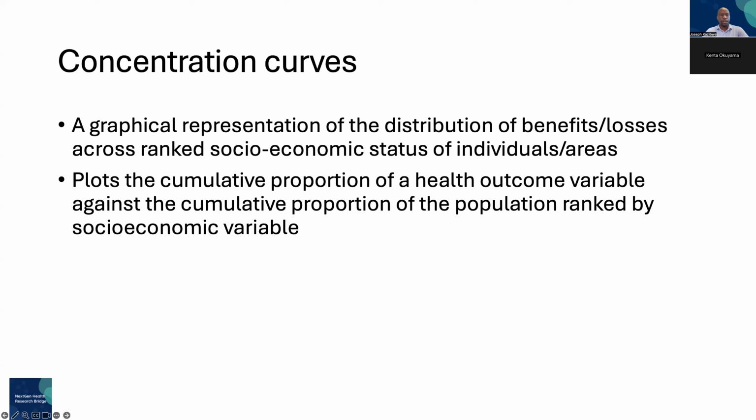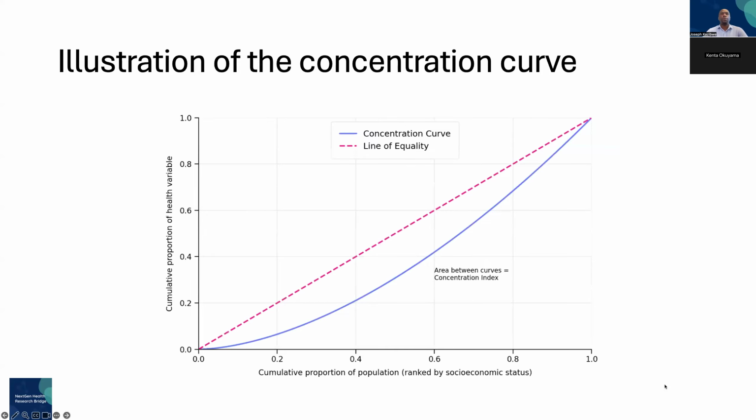As we have seen, the socioeconomic variable could vary. It could be anything that shows status within the society. So an illustration of a concentration curve.